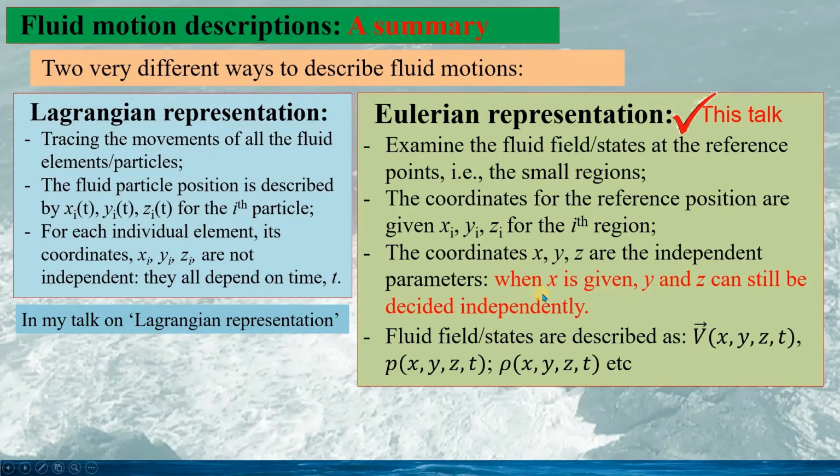That is, when x is given, y and z can still be decided independently. And the fluid field or states are described using the vector v(x, y, z, t), the pressure p(x, y, z, t), and the density rho(x, y, z, t), etc.